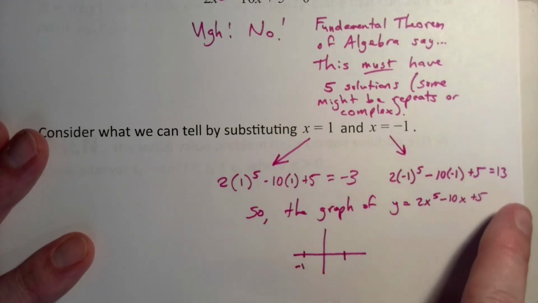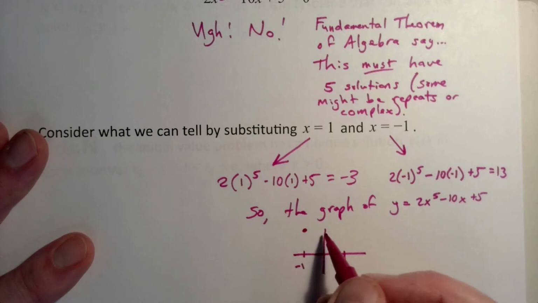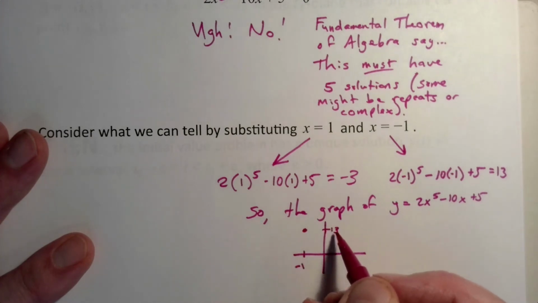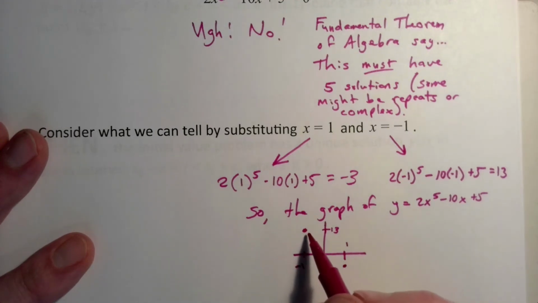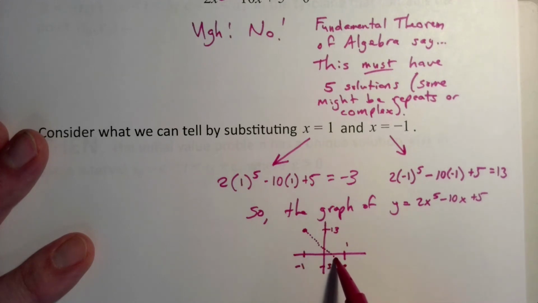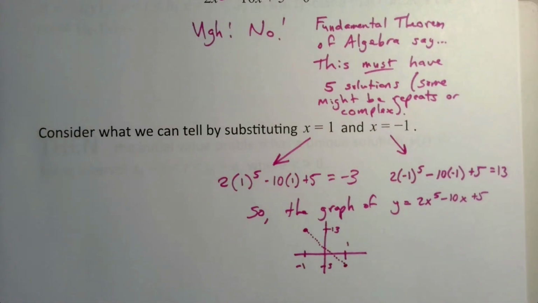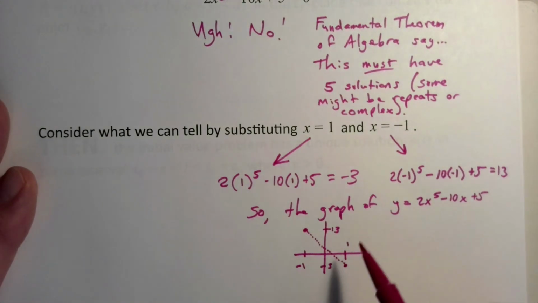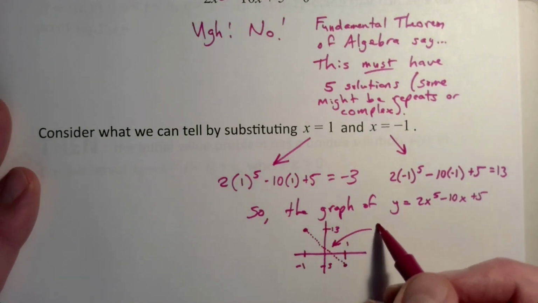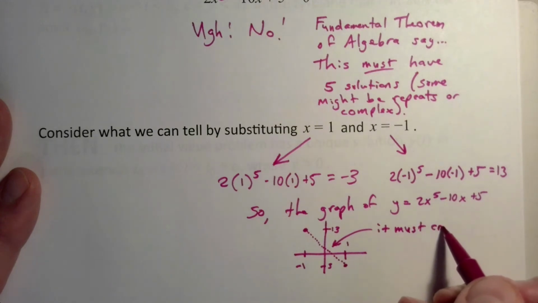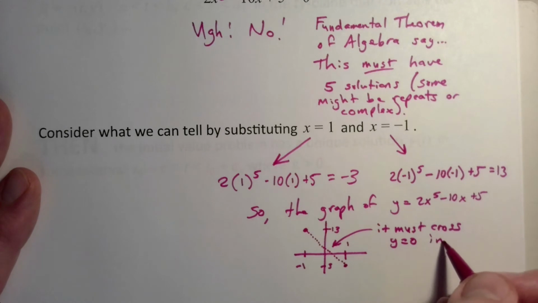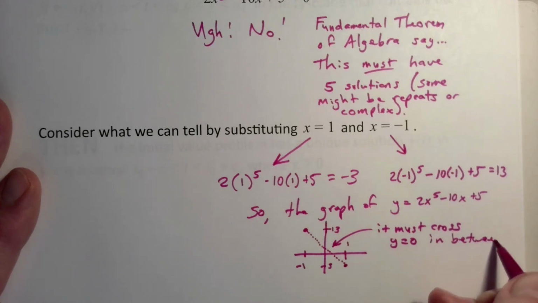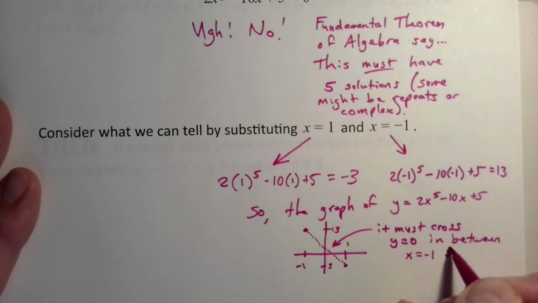When x equals negative 1, we expect a positive 13, way up here. And when x equals 1, we expect a negative 3. Which means that whatever that graph does, it must cross somewhere in between x equals negative 1 and x equals 1.